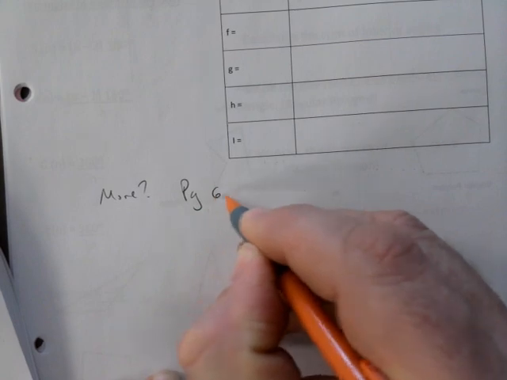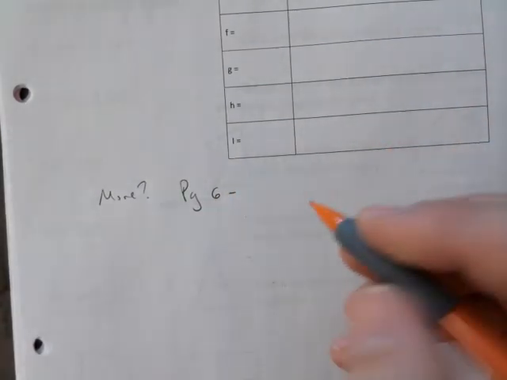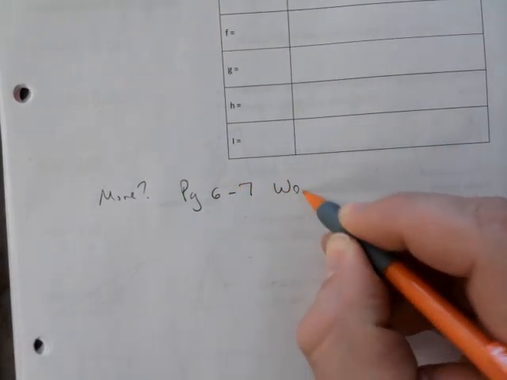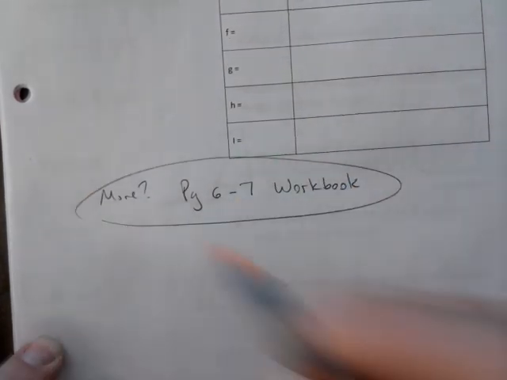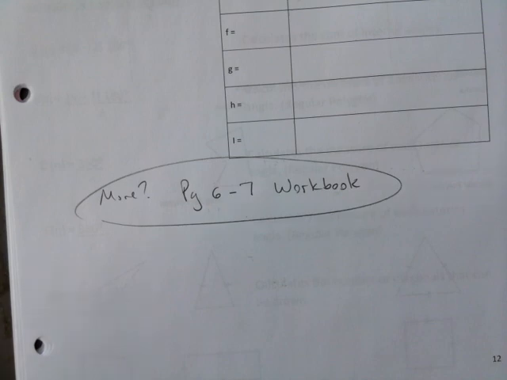Page 6 to 7 in the workbook. Okay, these are short ones. They're organized. It's very good practice. I will post a key to that. I will not have a video for these, but if you want more, there it is.